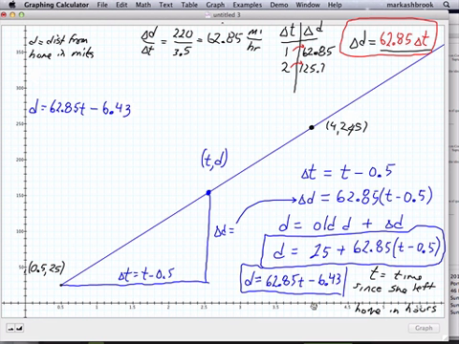So set up a table if you're not sure, but if you set up a table and start comparing the ratios, they're not proportional. What's causing them to not be proportional? This minus 6.43 right here. Because of that, d is not a constant multiple of t. If that was gone, it would be. But we got this minus 6.43. So changes are proportional. That's why we have a linear graph, a constant rate of change. But the actual quantities themselves are not proportional.